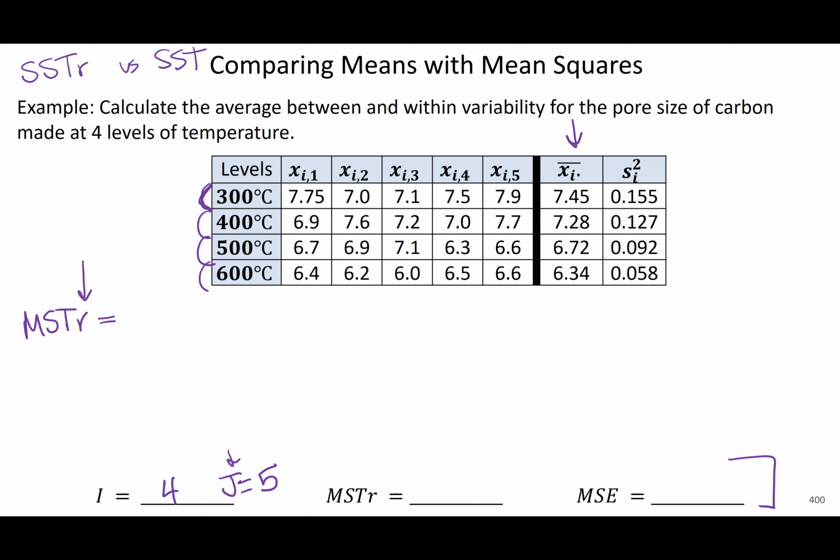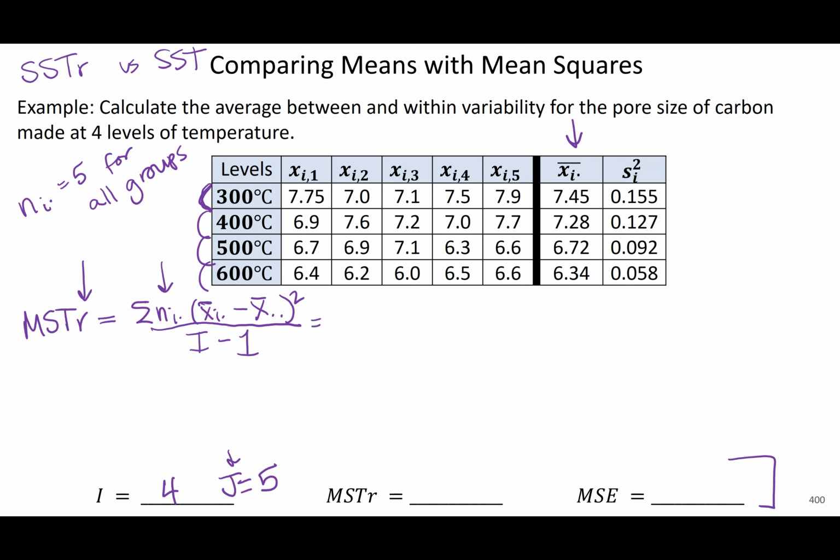So it's going to equal, because n_i is equal to 5 for all groups, it's going to be, just a reminder, n_i times (x̄_i minus x̄..) squared over I minus 1.